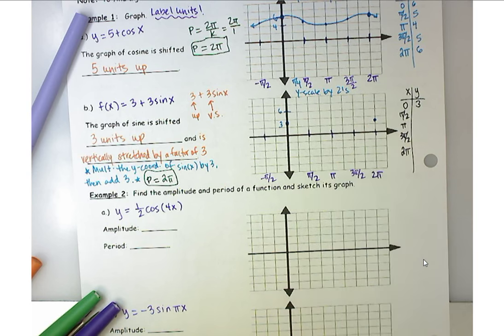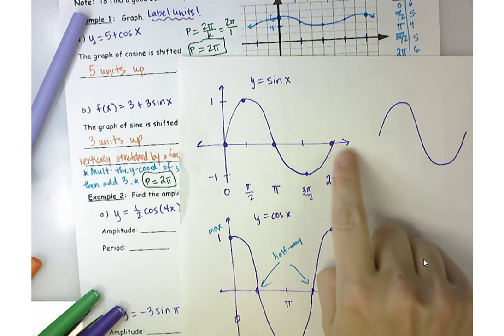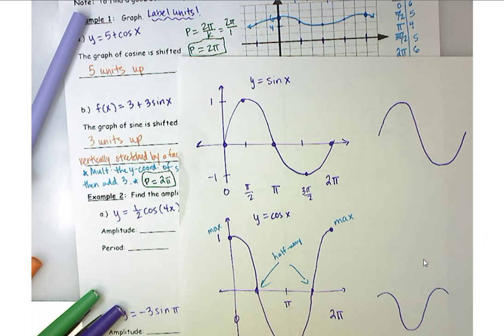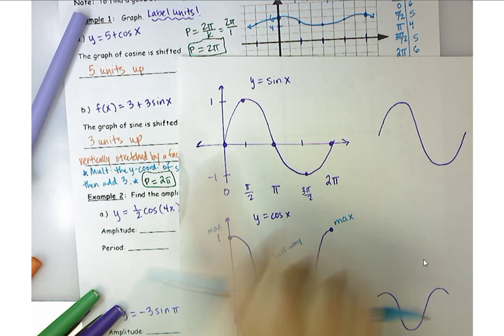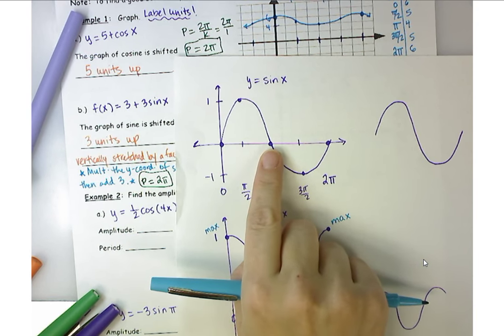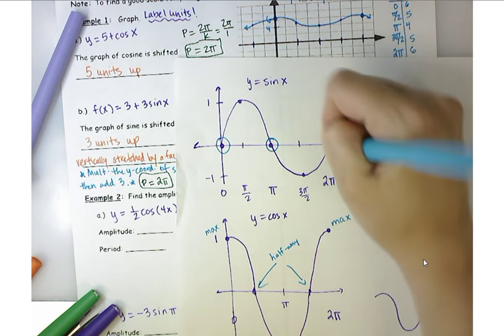Okay, let's look back at the sine. So when I drew the sine for you, we looked at how you start at 0, you end at 0, and what happened in the middle? What happened in the middle, people? It's at 0 again, right? See how all 3 of these are at the same point?